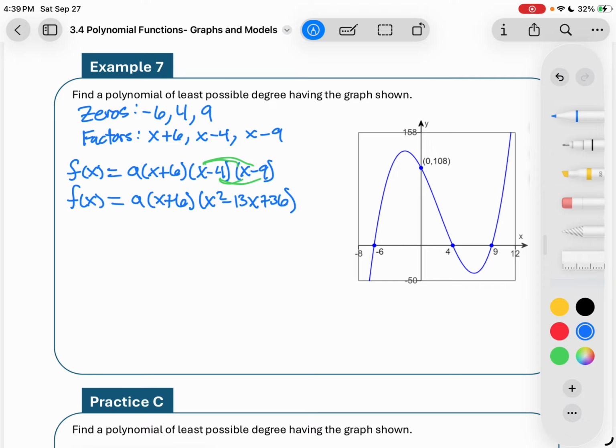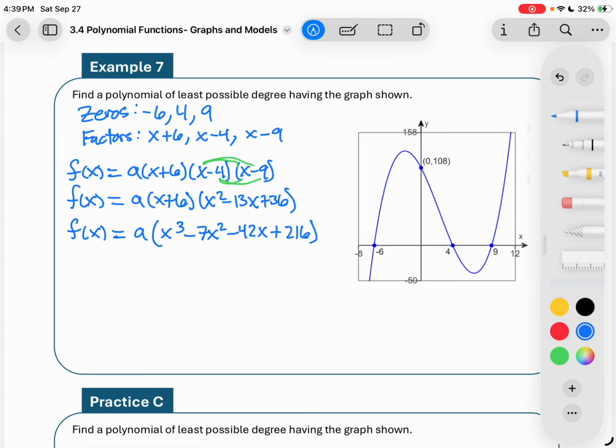And then let's keep going and multiply through the x plus 6. Got to make sure we keep track of all of our terms. But eventually we would get x cubed minus 7x squared minus 42x plus 216. So, as I mentioned, that would have a y-intercept of 216, but we want a y-intercept of 108.